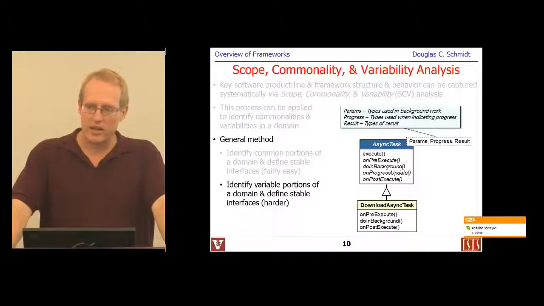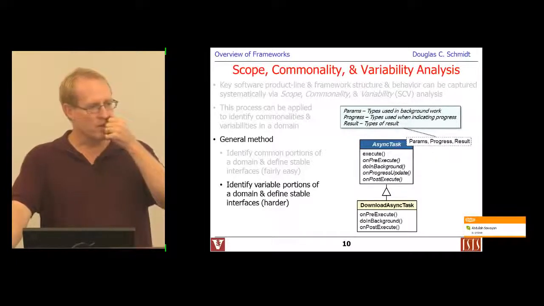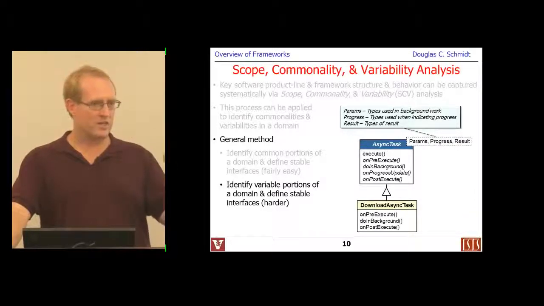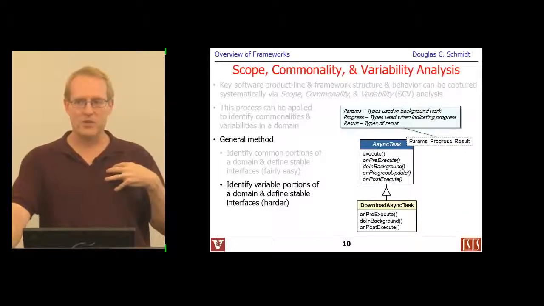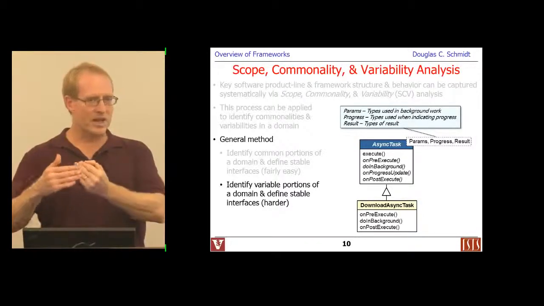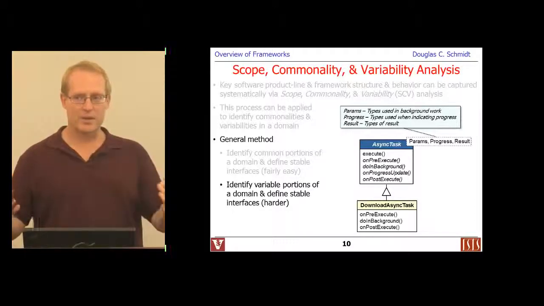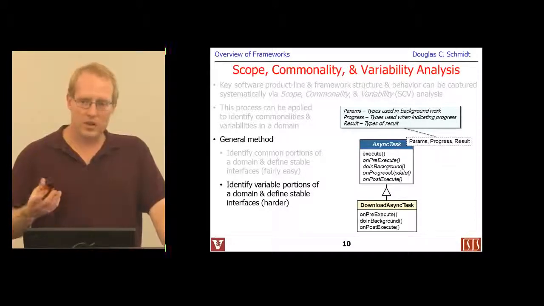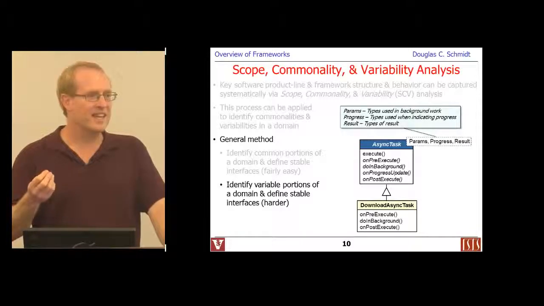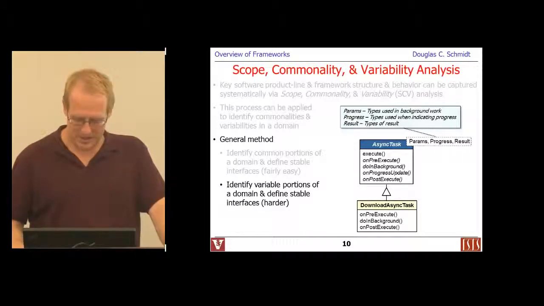So things like onPreExecute, onPostExecute, doInBackground. Those methods are also defined with very specific interfaces, and you as an application developer who want to customize async task can simply come along and subclass and override those methods in whatever way you feel is appropriate to get the job done for you. So the goal there again is to have commonality in the way that we have variability.